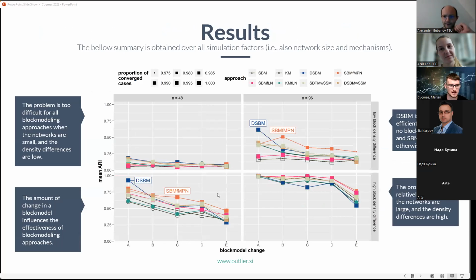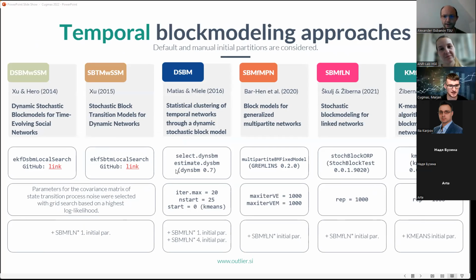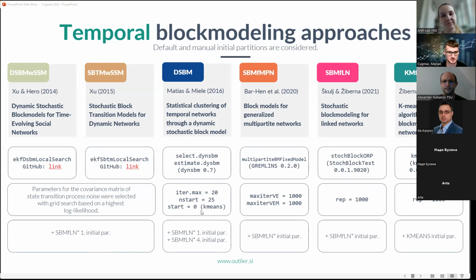I think that you're asking about these parameters. These were the same for large and small networks, but were set to quite a high number. This is especially relevant for these two. You can see that the number of repetitions was set to a very large value, so it should be sufficient for both small and large networks. Oh, okay. Yeah. You're welcome.